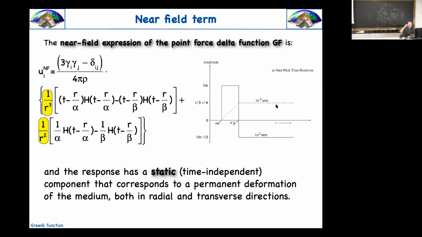You have a permanent tilting there. The amplitude of this tilting will depend on the radiation pattern and on the distance, because this will decay faster than this, and both will decay faster than the far field. But if you stay near the source, you have a permanent dislocation there.